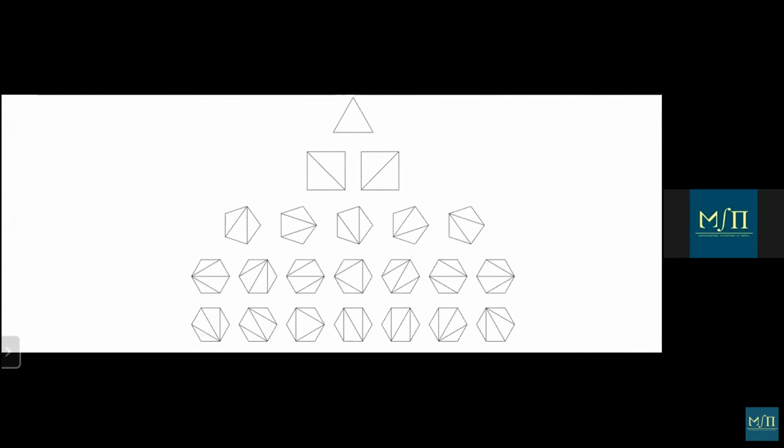That is, we are triangulating a polygon. So a triangle will just have one triangle inside it, and a quadrilateral will have two. A pentagon will have five ways to have itself triangulated, and a hexagon has fairly many. I guess it's 14. So this is the second case where Catalan number comes in.